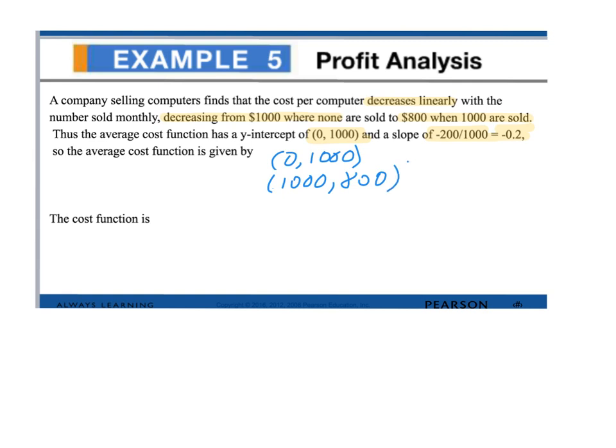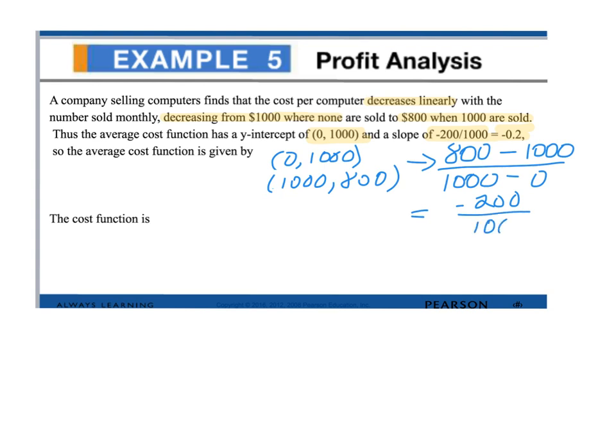And so that's what gives you the slope, because you have y values on top, and that means the rate of change is negative 0.2, as is stated here.